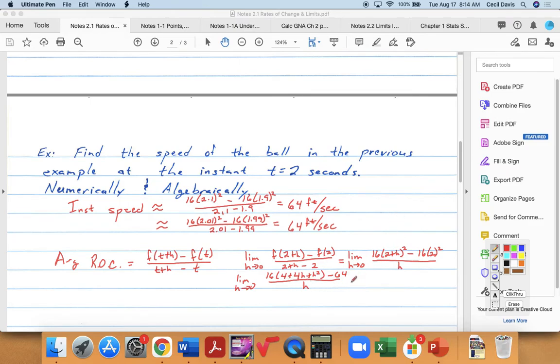Distributing the 16, we have the limit as h goes to 0 of 64 plus 4h plus h squared minus 64 all over h.